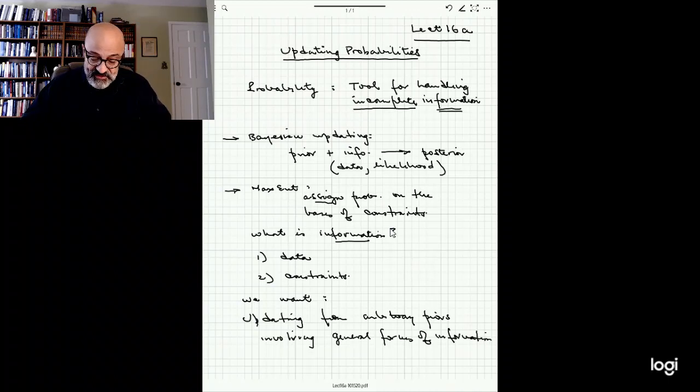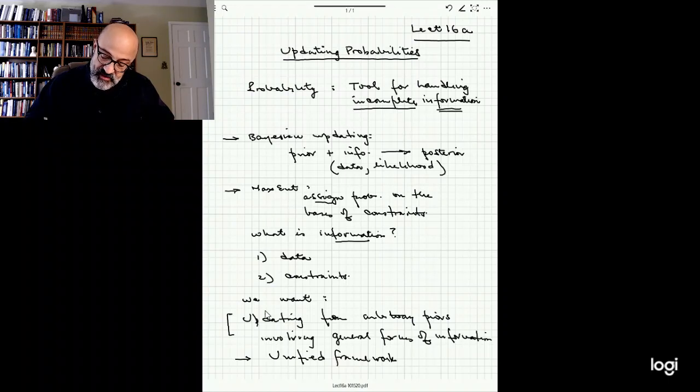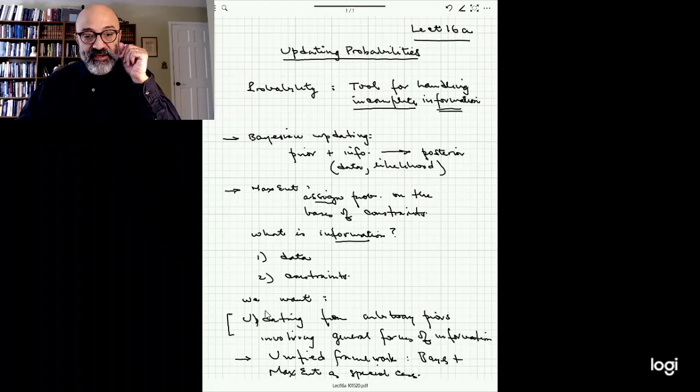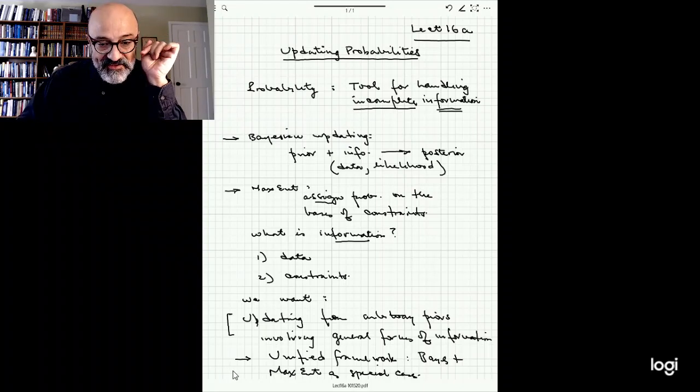One of the things that is actually extremely fortunate about developing a method like this is that this provides a unification, a unified theory, a unified framework. You unify Bayes and Maxent as special cases. Why is this particularly interesting?